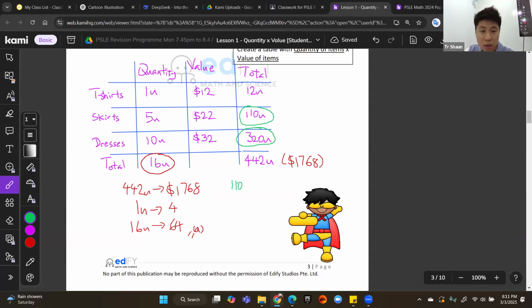Let's find out the value he spent on the skirts. 110 units, and one unit is 4, so I find 110 times 4. This will be the skirt. How about dresses? Dresses is 320 times 4, because one unit is 4.